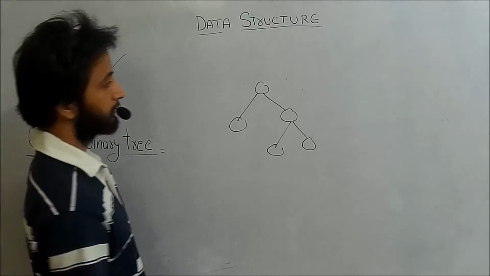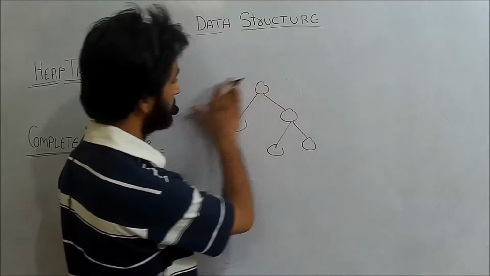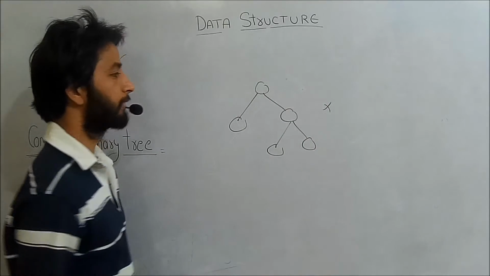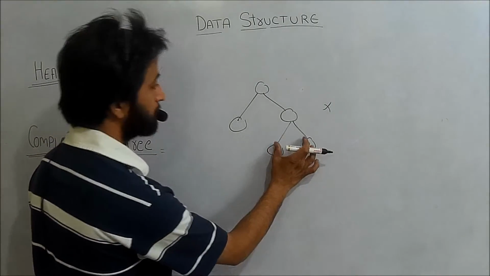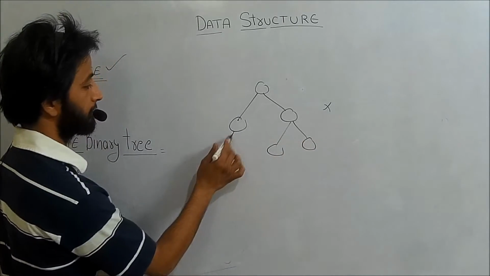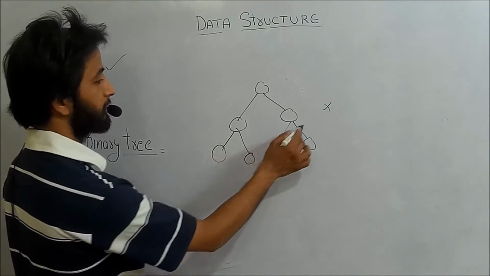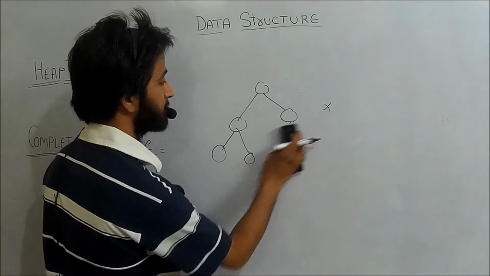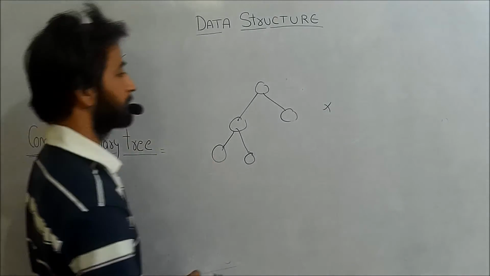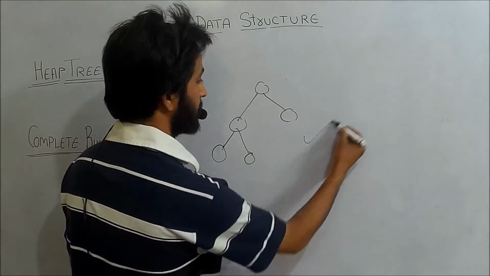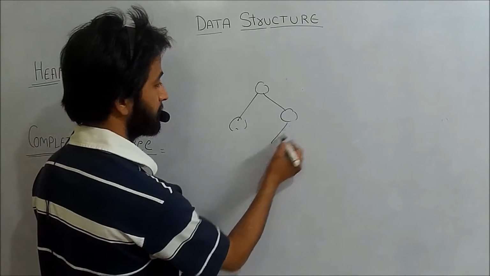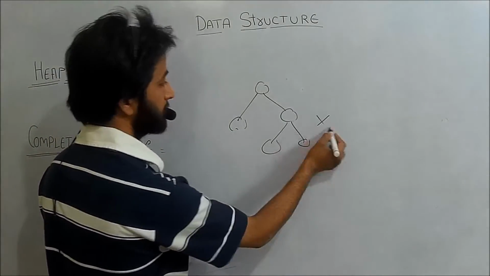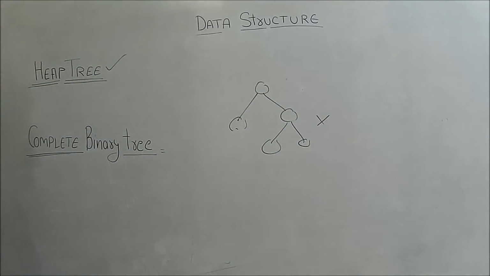So we can also say that the given tree is not a complete binary tree, because these two elements we have to insert here instead of here. So this construction is a complete binary tree. Okay, but if the case is like this, then this one is not a complete binary tree.